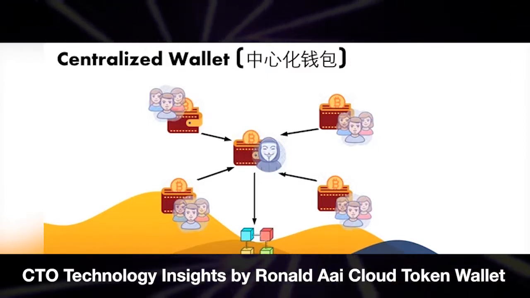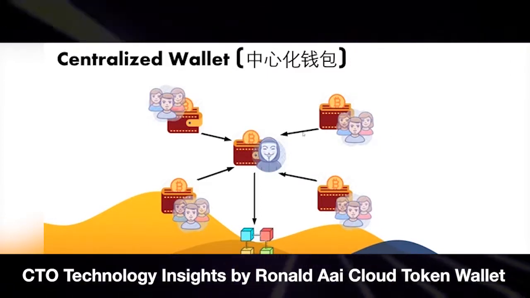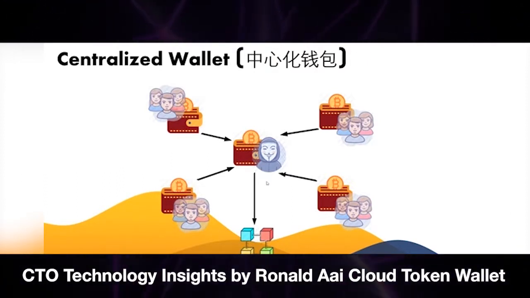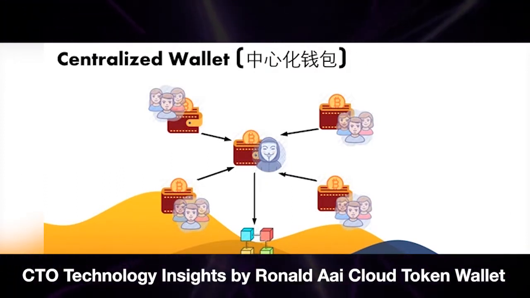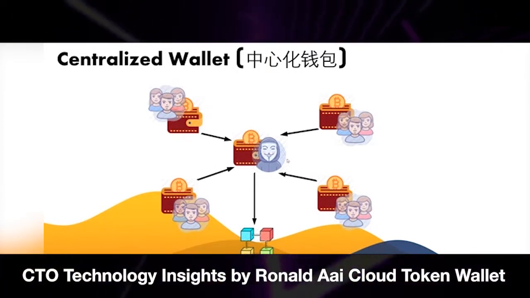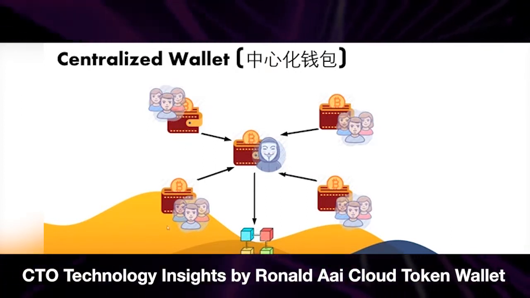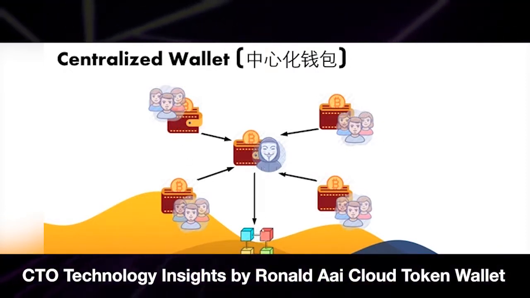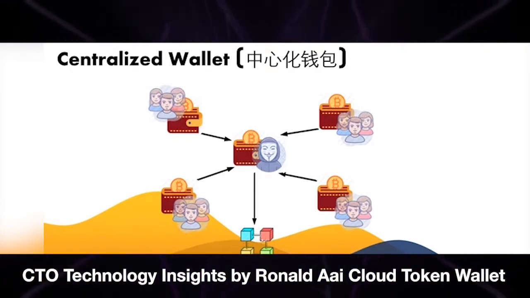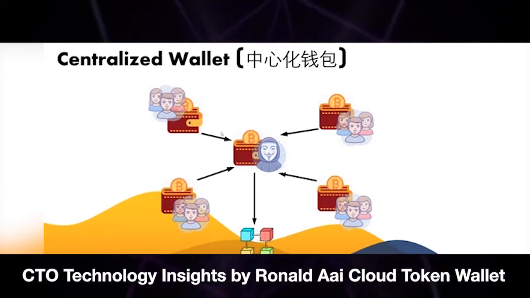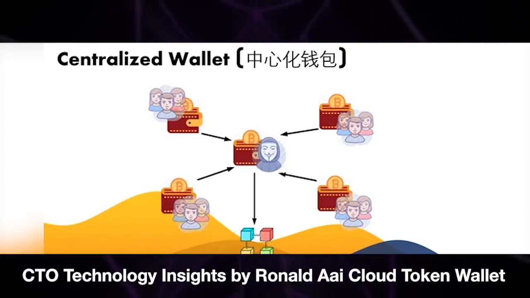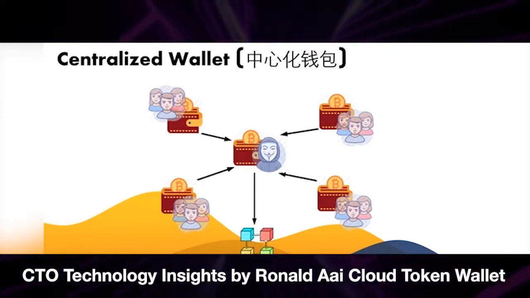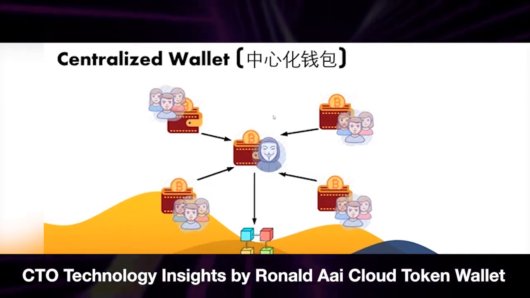You can look at centralized in this way, where you have all the wallets stored in one single centralized server, and this server will control all the assets from the various wallets to write into a blockchain. Which means the centralized server will have to tell each individual wallet how much they have. So that is actually not from the blockchain, but from a database.